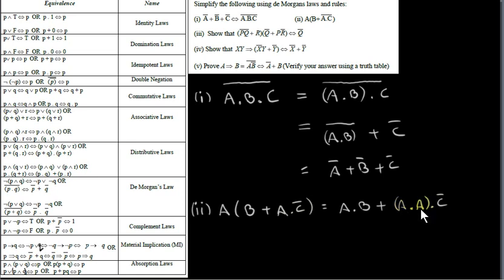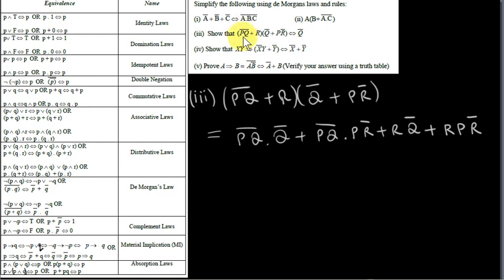So we take these two together and replace this using one of the laws. It's the idempotent law actually. P and P is equivalent to P, so A and A is equivalent to A. Finally, we can use the distributive law in reverse to write this here as A and (B or not C).